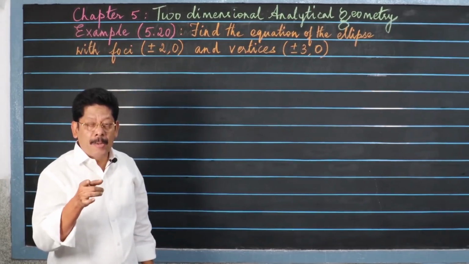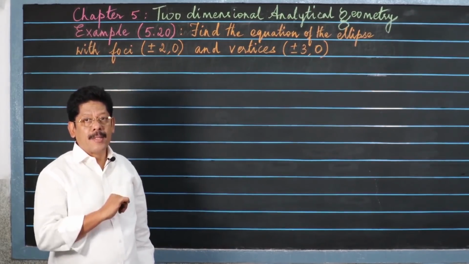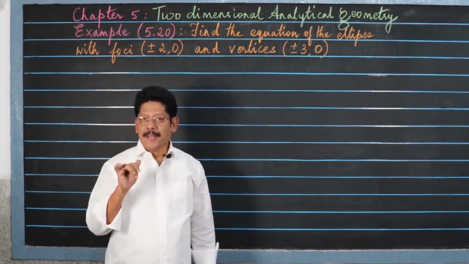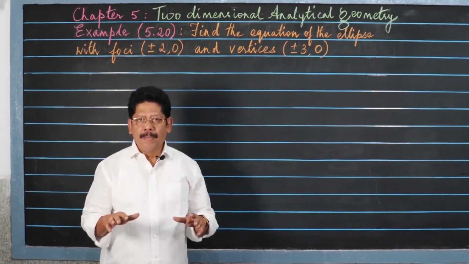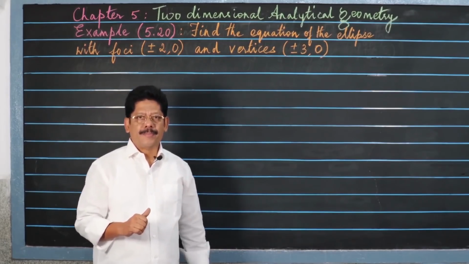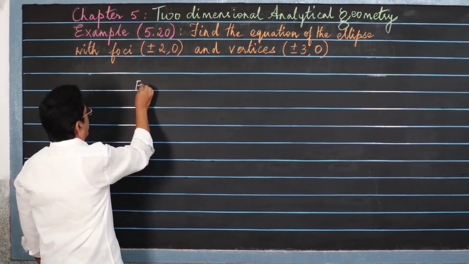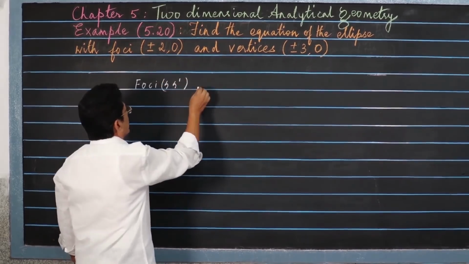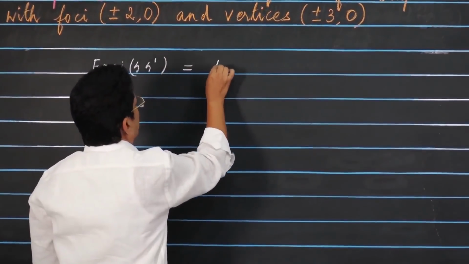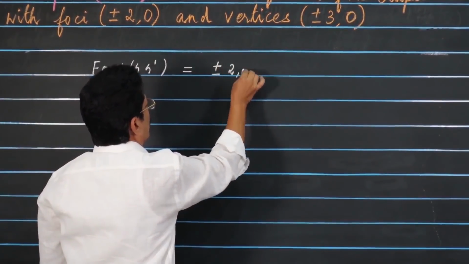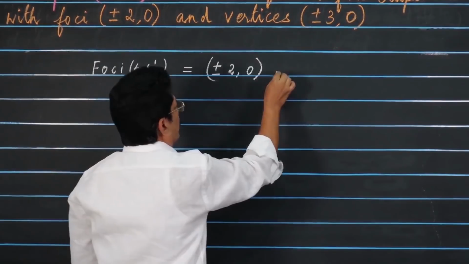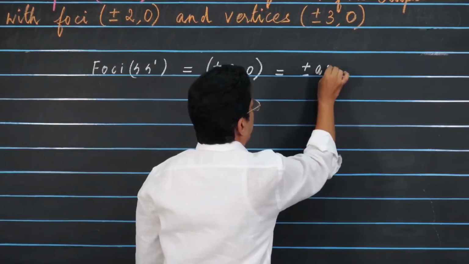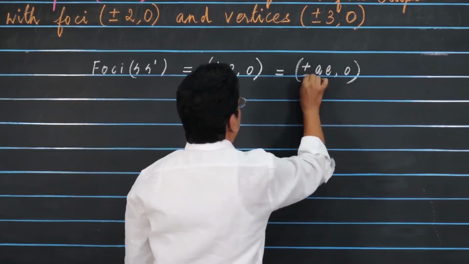There the major axis was the y-axis. Here the major axis is the x-axis. Is that clear? Now shall we solve this problem? Foci S dash is equal to plus or minus 2 comma 0, which denotes plus or minus AE comma 0.